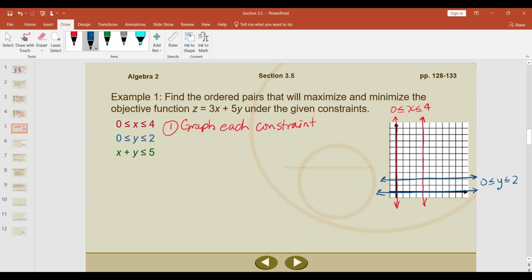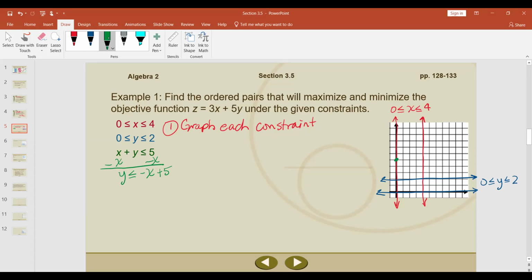And then the last one, I'm just going to convert it into slope-intercept form by moving that x term. I get y less than or equal to negative x plus 5. So 5 is my y-intercept. 1, 2, 3, right here.